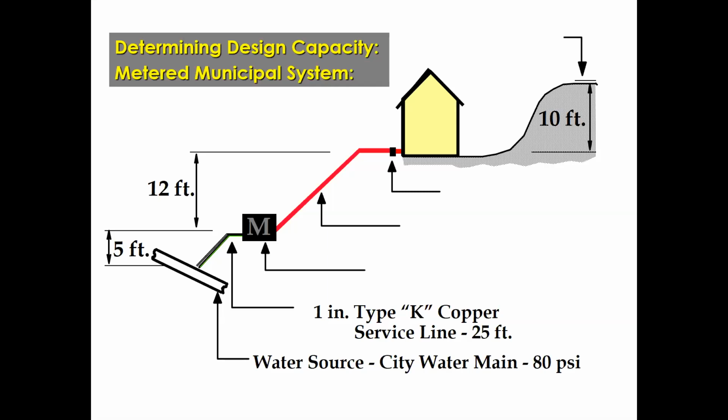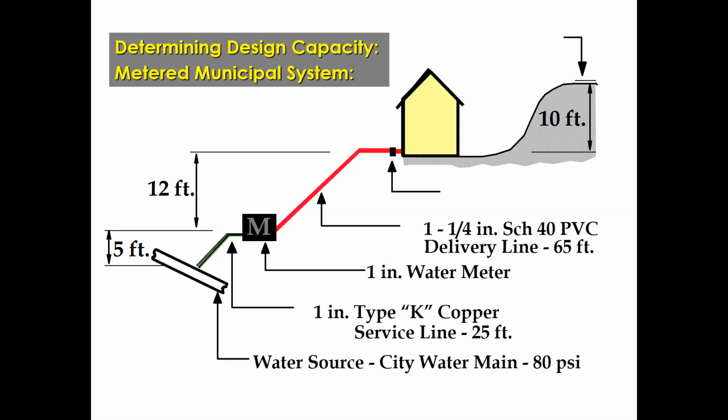That's going to be 1-inch type K copper pipe, 25 feet long. We're going to have a 1-inch water meter, a 1.25" schedule 40 PVC delivery line that's going to be 65 feet long, and then our point of connection.